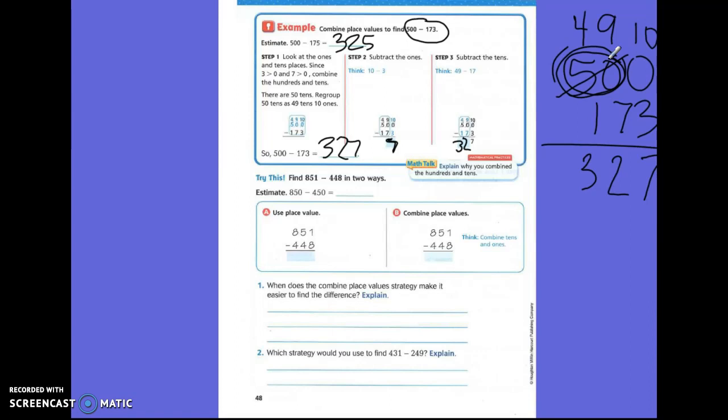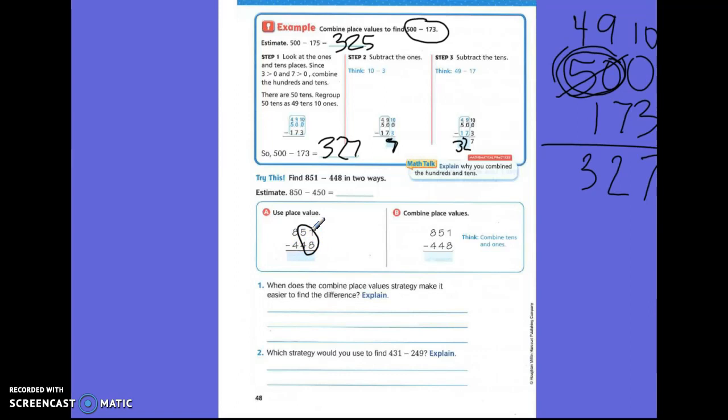All right. Now, let's try this. Find 851 minus 448 in 2 ways. So, can we do 1 minus 8? No, we cannot. So instead of doing 1 minus 8, we combine these two, 51 and 48.